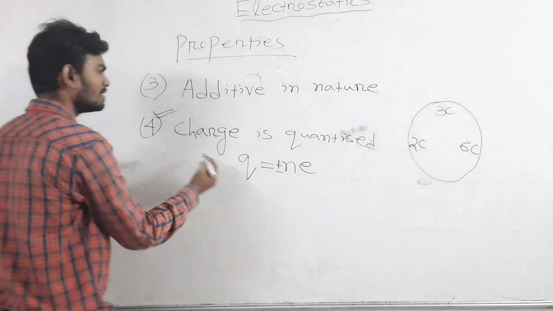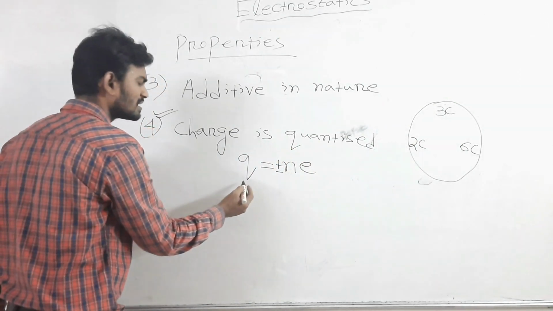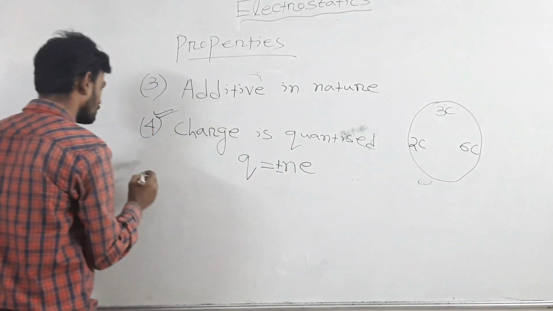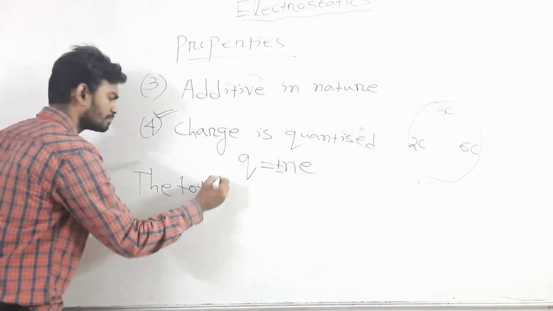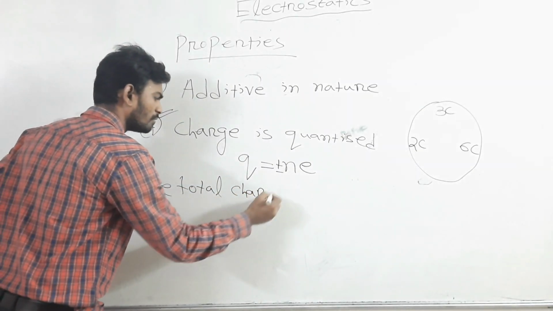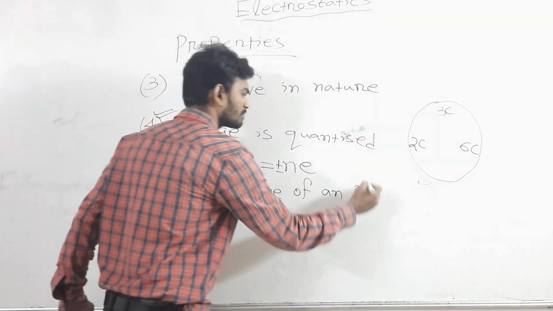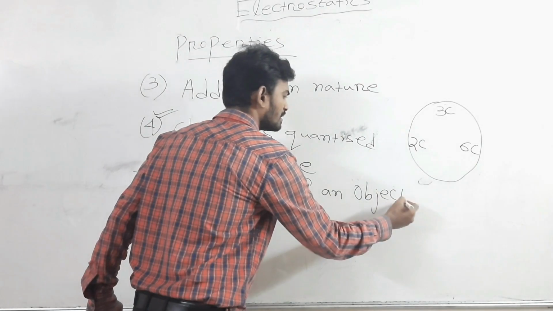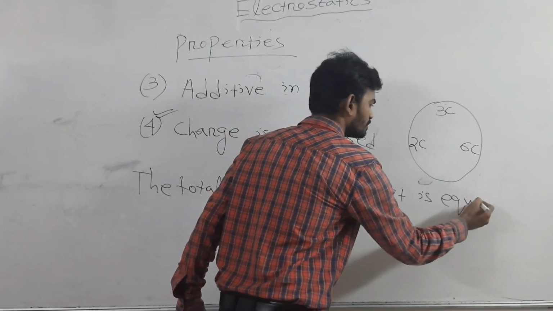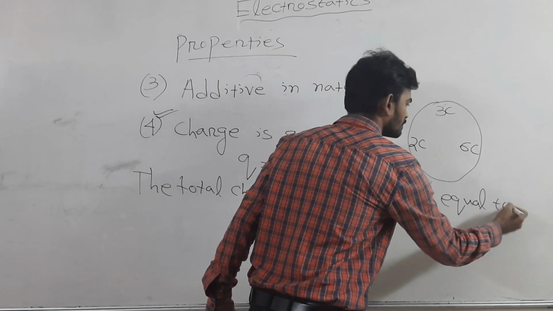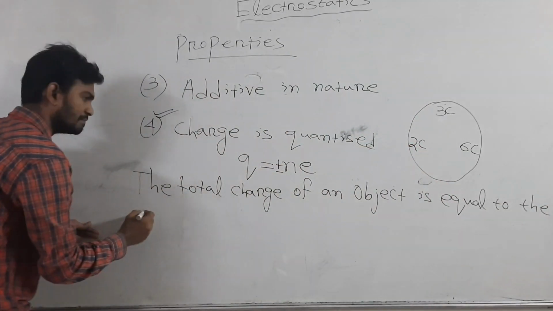So we can define quantization of charge, or how charge is quantized. We can say the total charge of an object is equal to an integral multiple of elementary charge.